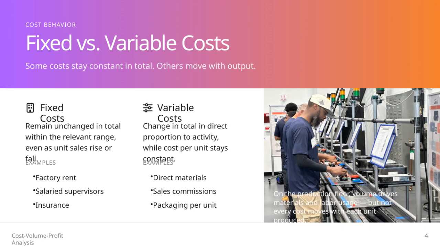On the other hand, variable costs change directly in proportion to activity, but the cost per unit stays consistent. Examples include direct materials, sales commissions, and packaging costs per unit. On the production floor, volume directly affects the usage of materials and labor, but not every cost fluctuates with each unit produced. Understanding this distinction is crucial for effective cost volume profit analysis.